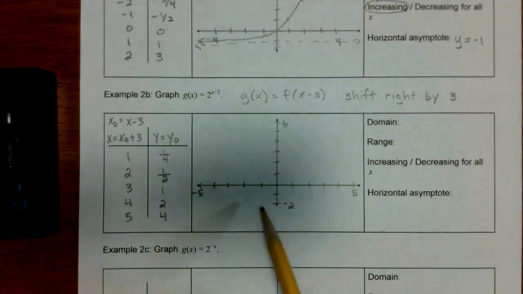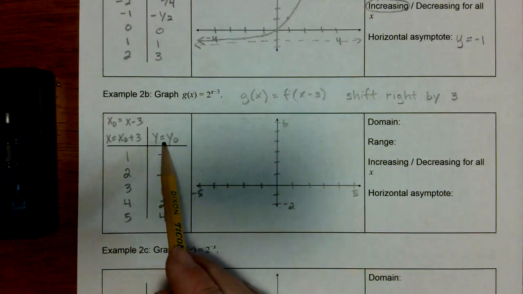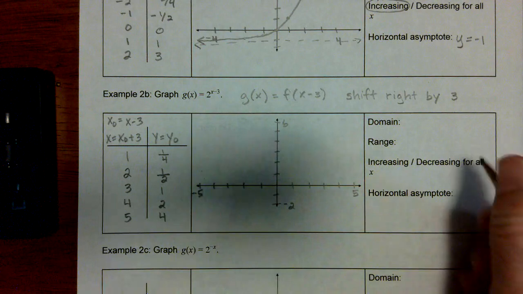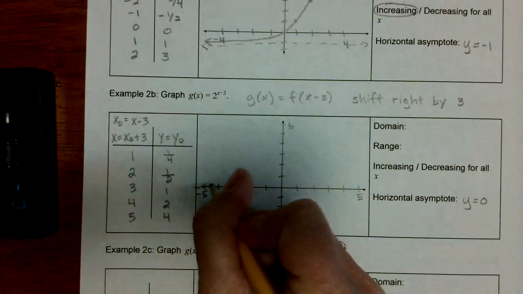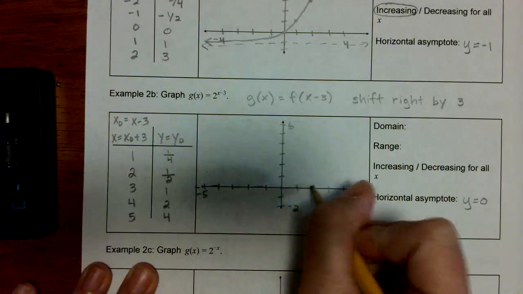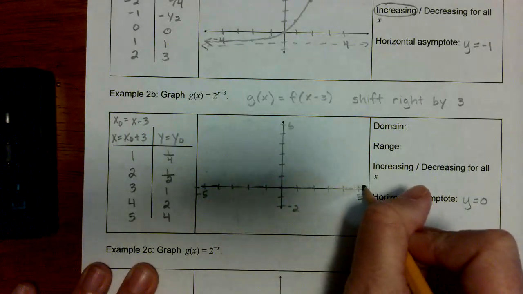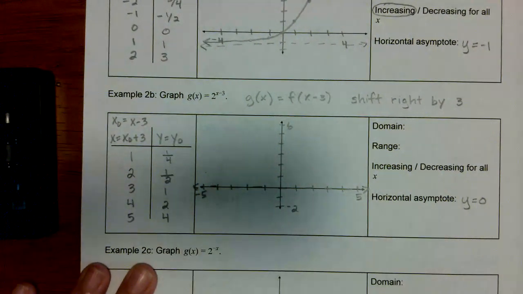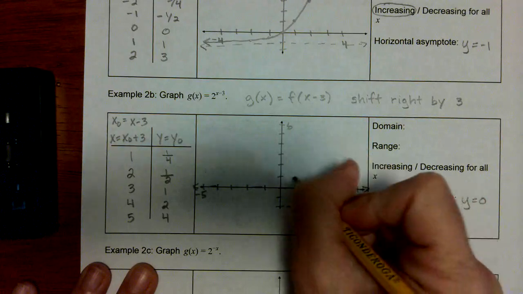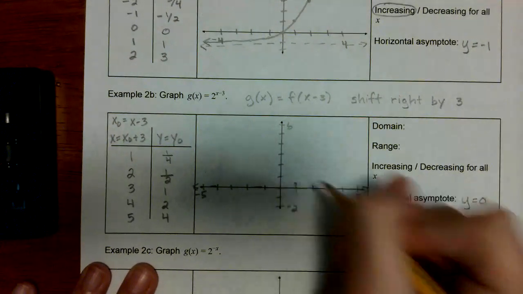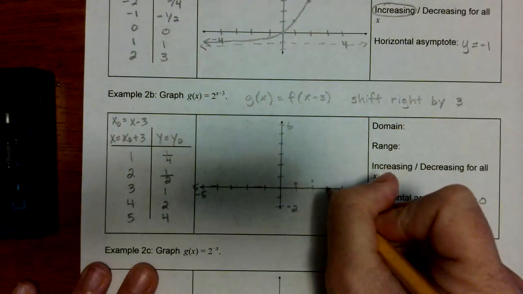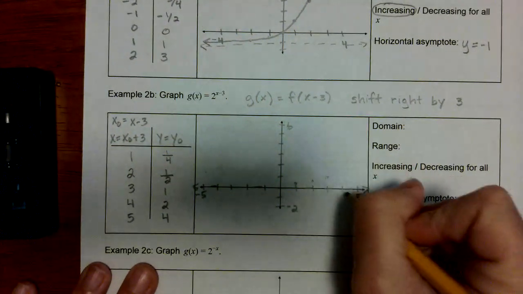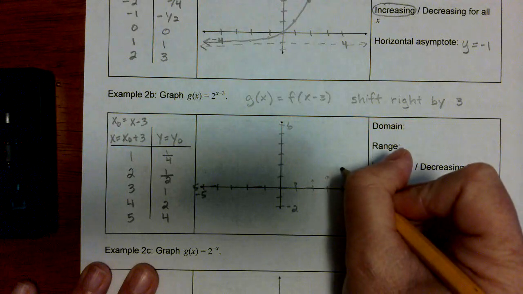So, thinking about this, I had no vertical shift, so my horizontal asymptote is still at y equals 0. So I'm drawing in that horizontal asymptote. Now at 1, I'm at 1/4. At 2, I'm at 1/2. At 3, I'm at 1. At 4, I'm up at 2.